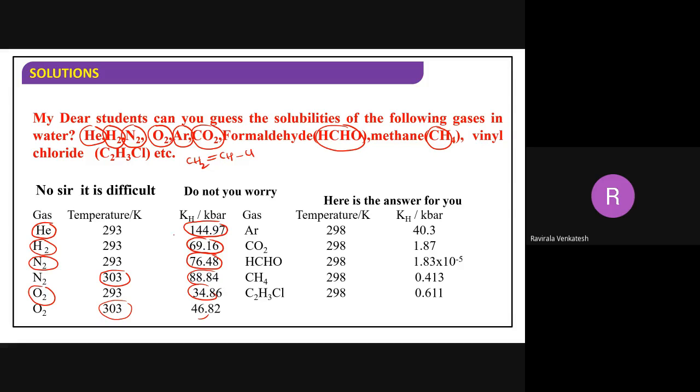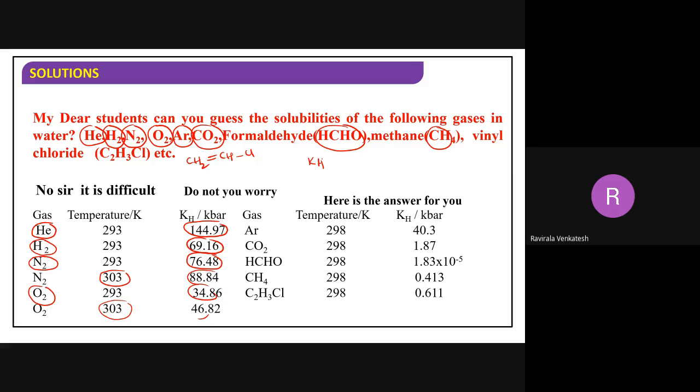So what you observe here, whichever gases have high critical temperature, easily liquefiable gases, their Henry's law constant is less. Easily liquefiable gases which have high critical temperature have less Henry's law constant.